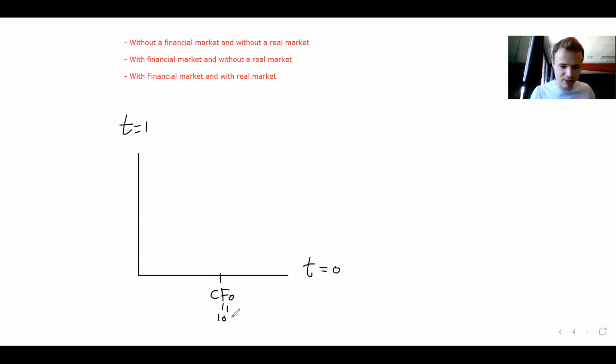Let's say that's 100 euro. And you have a particular cash flow next year, the CF1. And let's say that's also 100 euro. And we want to draw a line with all the possible consumption bundles. And that's what we're going to draw.